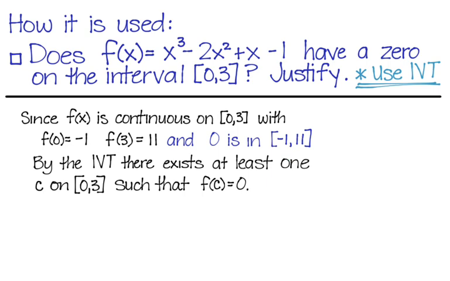I'm sorry, I think I might have misstated that. 0 is one of the outputs and c is one of the inputs.